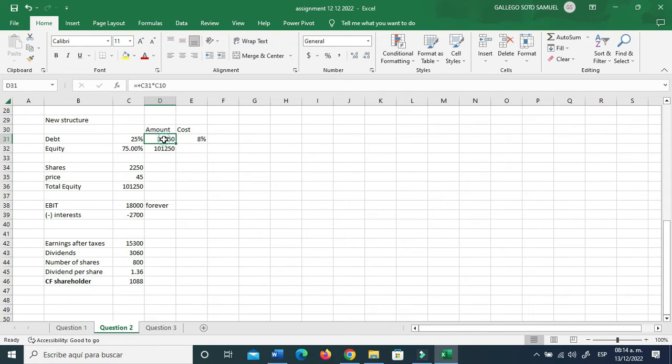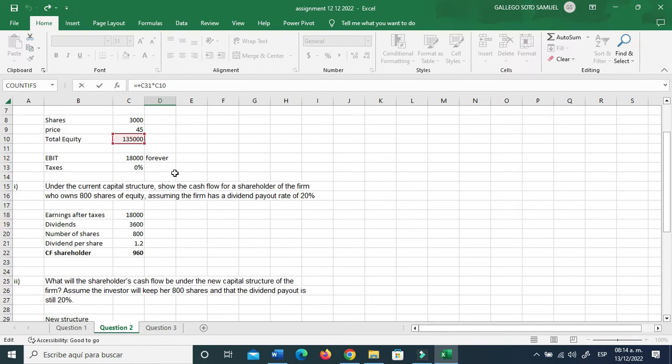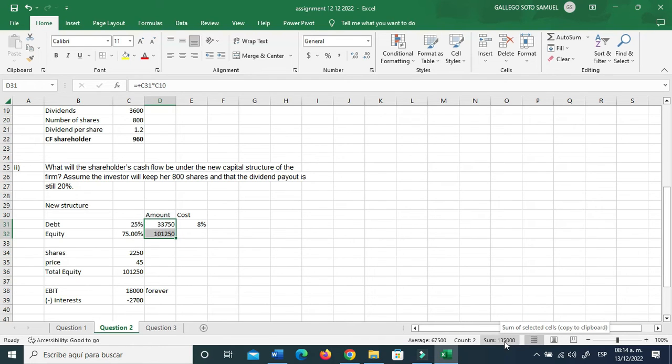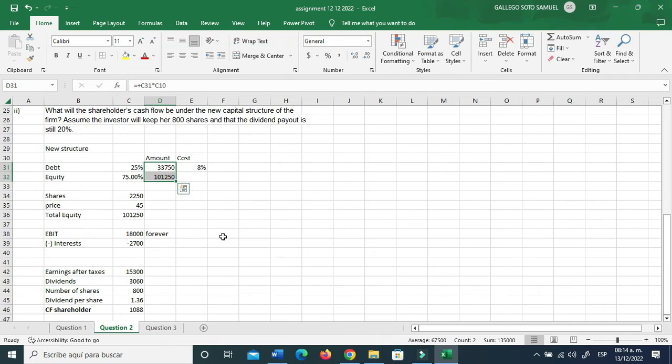This amount of money over here, you calculate that by multiplying the old total equity, which is still going to be the total equity plus liabilities that I presumed, times 25%. And the rest is going to be equity. So if you add this up, look, it adds up to 135,000. Yes, okay, great.